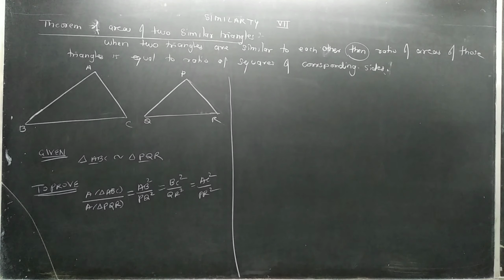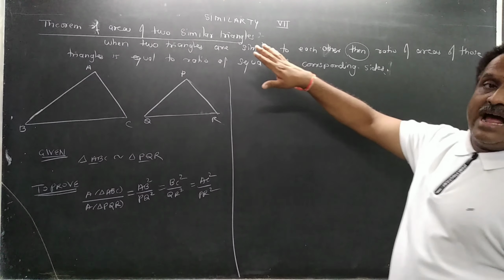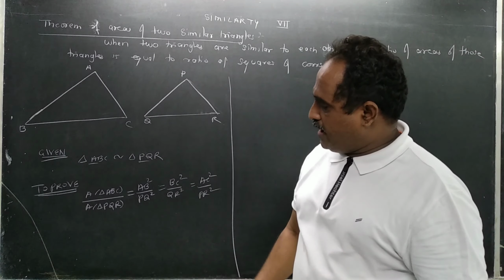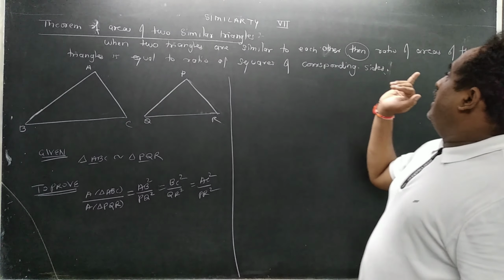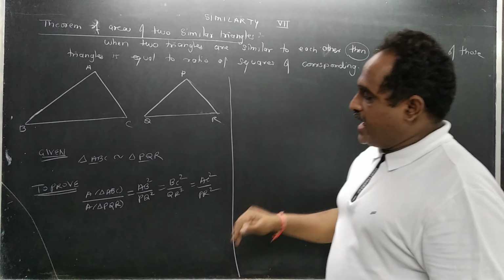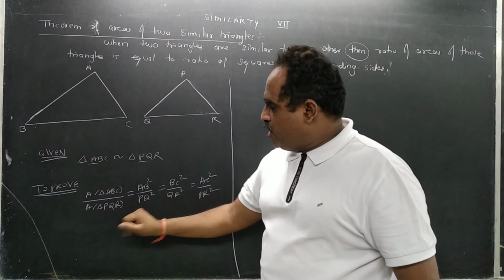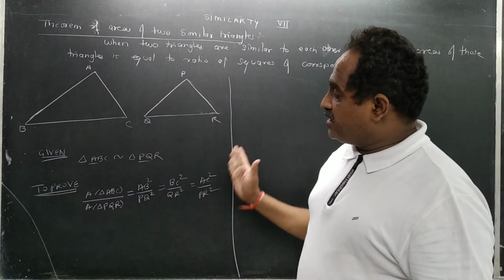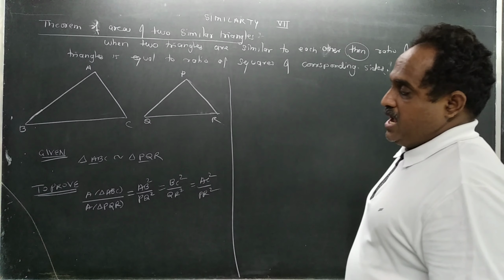That's what we have to prove. Once again, when triangle ABC is similar to triangle PQR, then the ratio of areas of two triangles is equal to the ratio of squares of their corresponding sides.